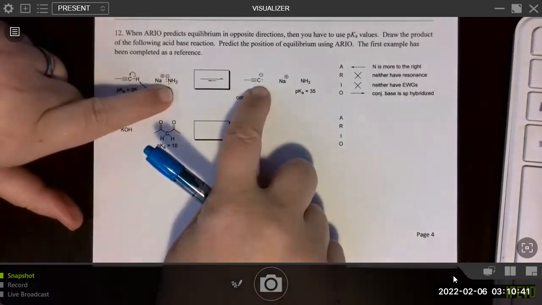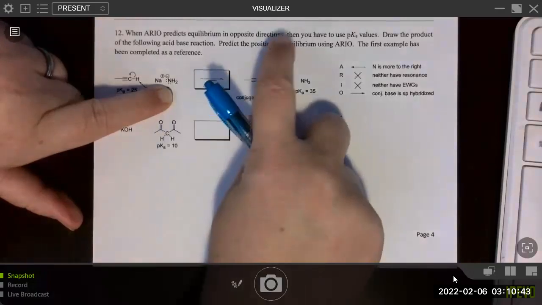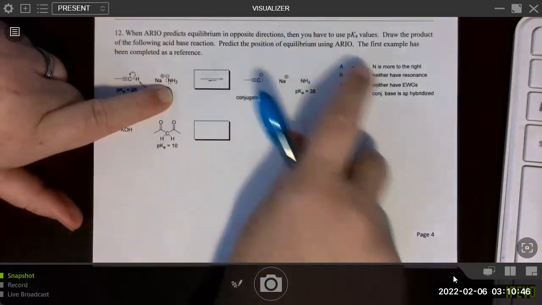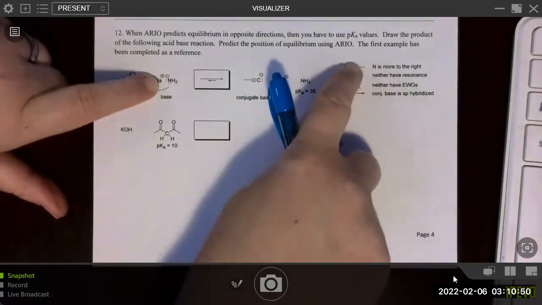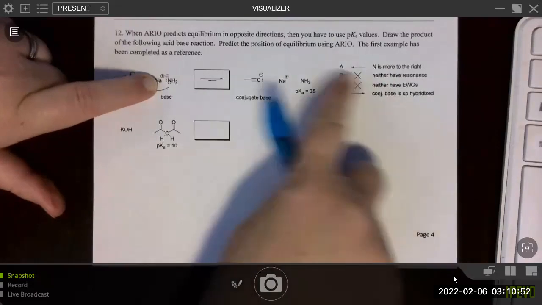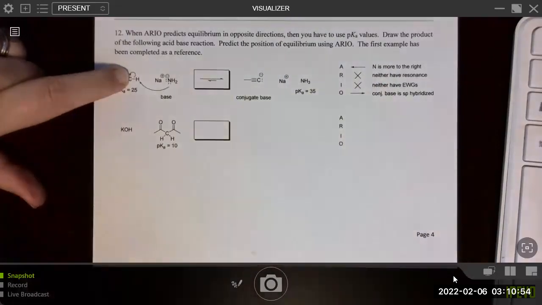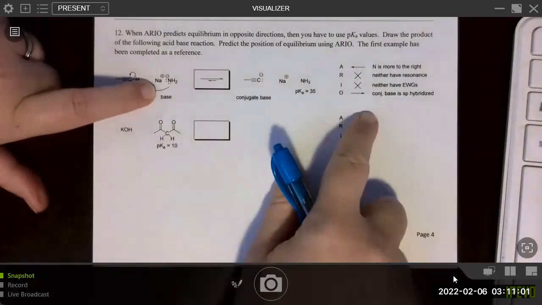So remember the periodic table goes carbon, nitrogen, oxygen, fluorine. So nitrogen is more to the right on the periodic table. So we would predict that it's more stable going to the left, since the nitrogen is on the left over here. Neither one has resonance and there's no electron withdrawing groups nearby.